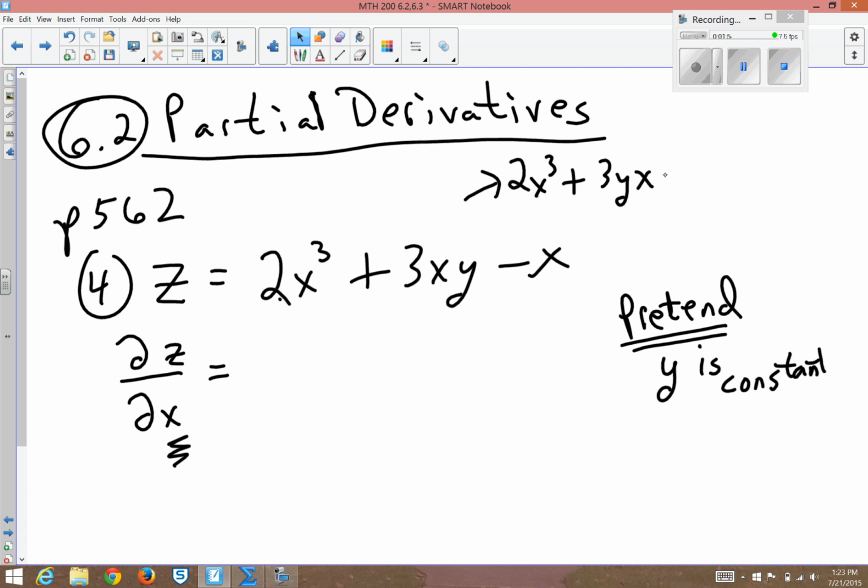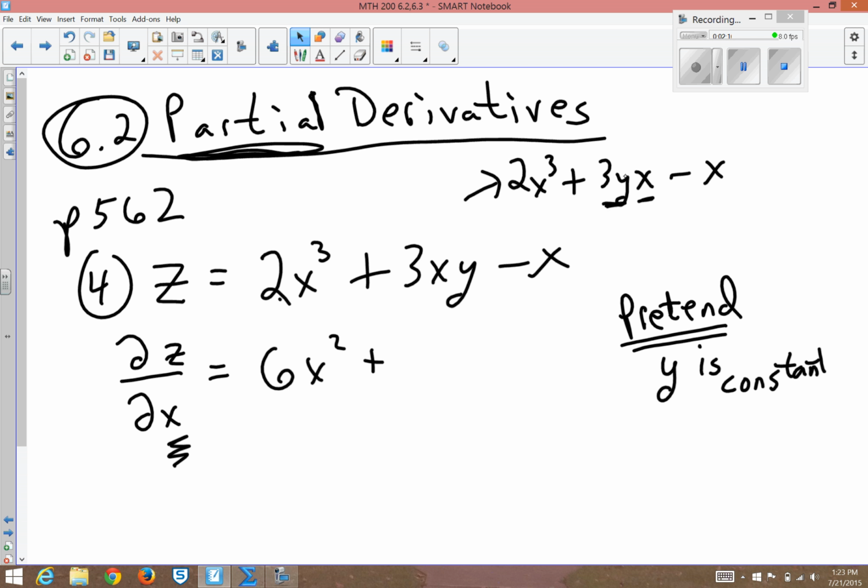I just switch the order, minus x. So differentiating with respect to x. For the first term, we get 6x squared. The second term, 3yx, that in my mind, in partial derivative land, is a constant times x.